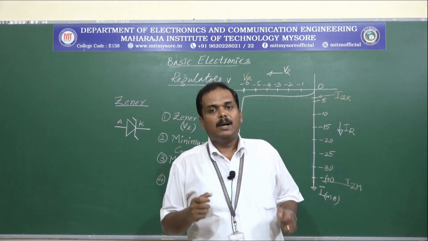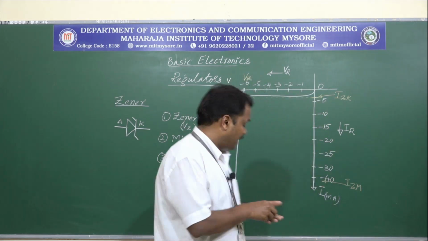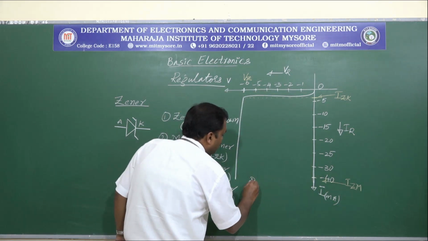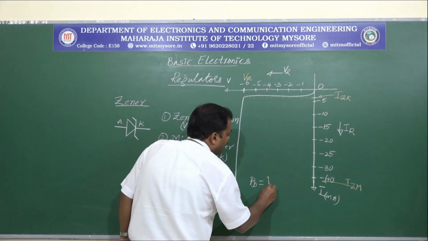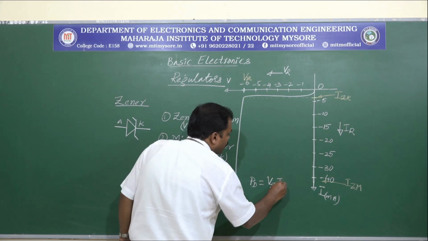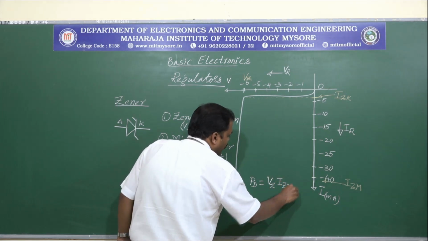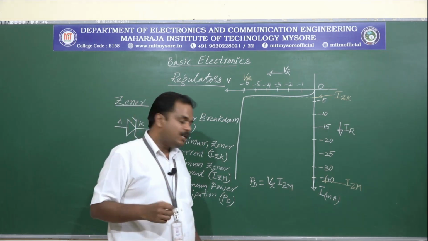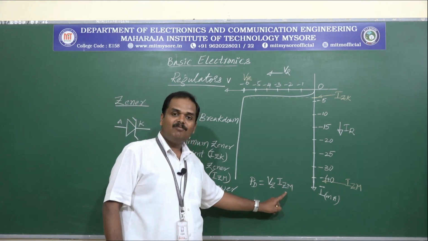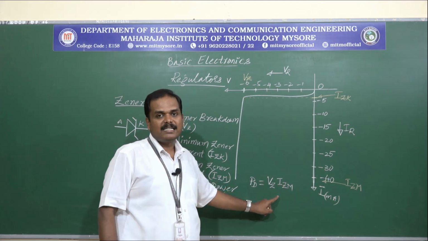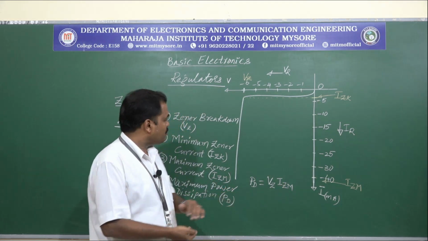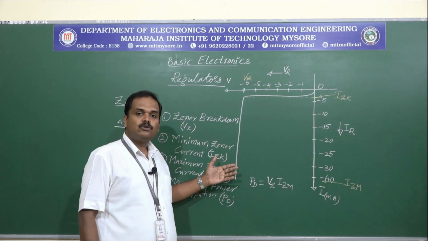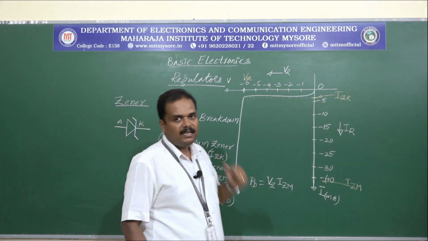This parameter PD is given by Vz into IZM, where Vz is the Zener breakdown voltage and IZM is the maximum Zener current. So these are the parameters associated with any Zener diode.